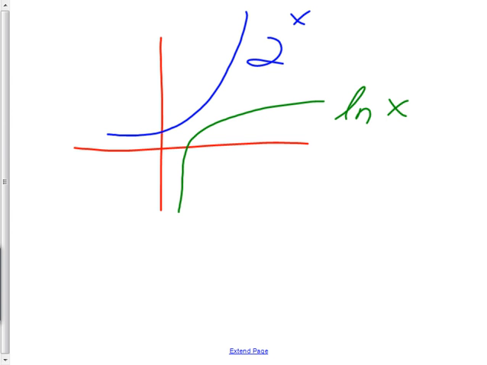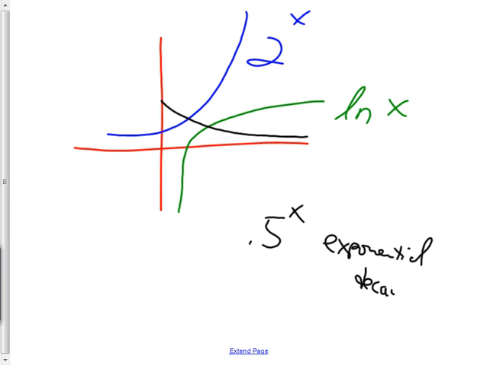And the last one I'll do is in black here, an exponential decay. That's like the first one you have to do, 0.5 to the x. If I had to graph 0.5 to the x, it would start up high and then go lower and lower and lower. So the black one here is exponential decay. Why is it decay?